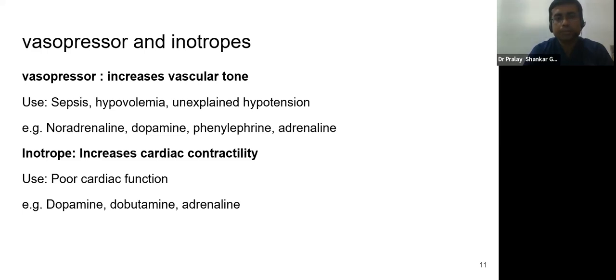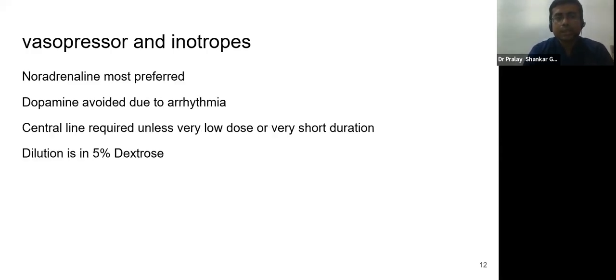The examples are noradrenaline, dopamine, phenylephrine, which is preferred in OT, and adrenaline. And inotropes, when you find a poor cardiac function, poor left ventricle function, and the drugs of choice are dopamine, dobutamine, and adrenaline. Noradrenaline is mostly preferred in ICU, and dopamine is usually avoided because of arrhythmia.